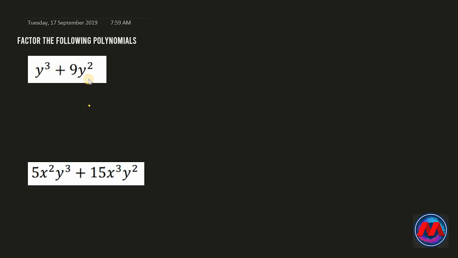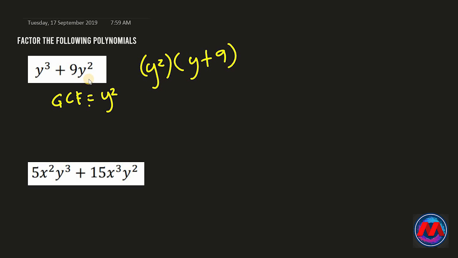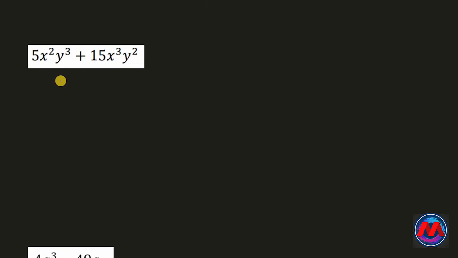So we can say that the GCF is y cubed. We take out y cubed, and what remains is y plus 9. So these are the factors: y squared and y plus 9. Okay? Let's go next.